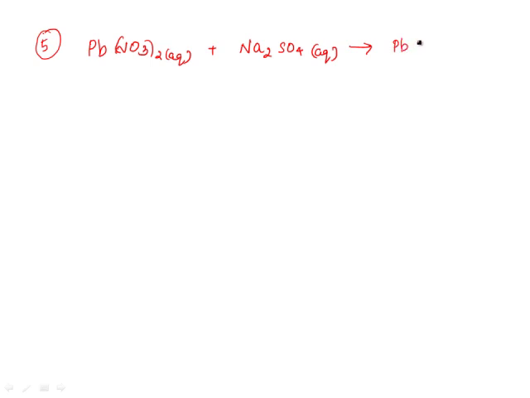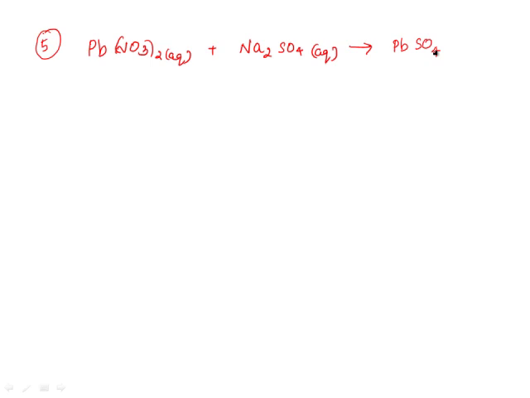Pb, why Pb2? Look at the charges. Pb has 2 nitrate ions. What is the charge of nitrate ion? NO3 is minus. There are 2 of them, meaning 2 negative charges and only 1 Pb. So Pb has to be 2 positive. And it is taking SO4. SO4 is what? Negative 2.